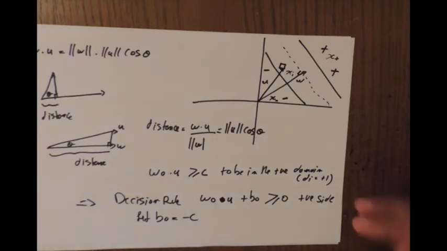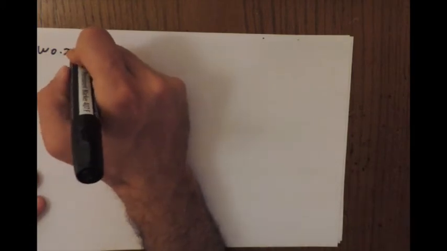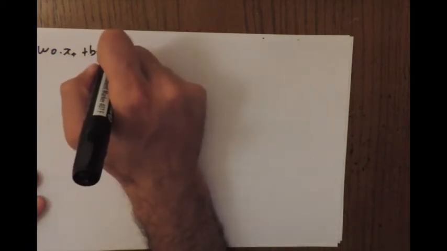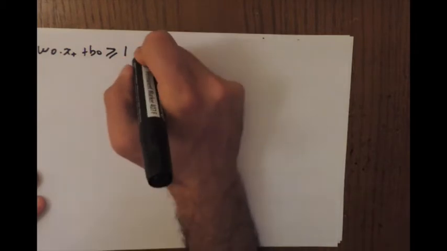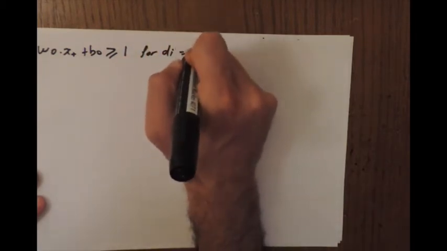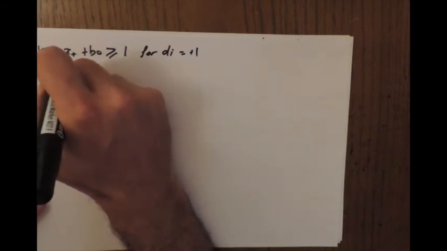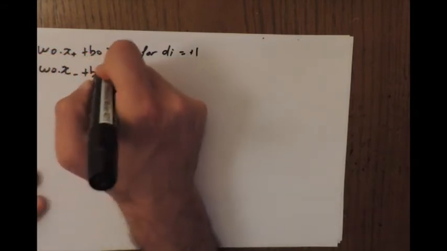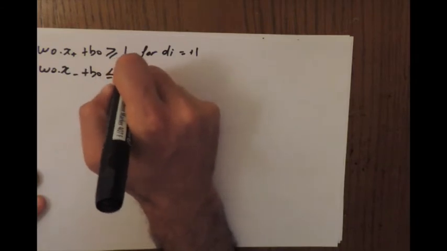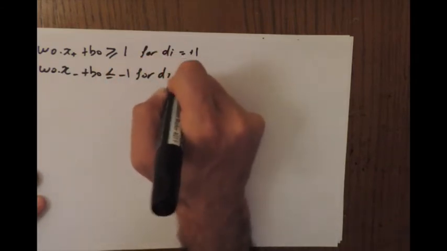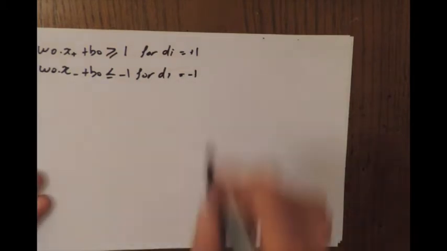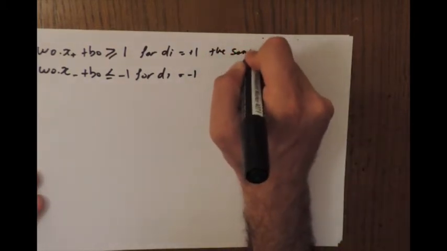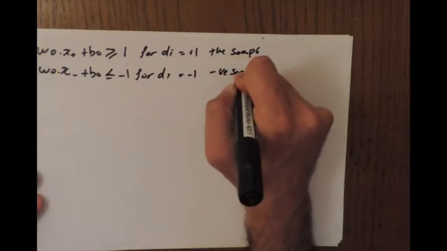If I know the positive samples and negative samples, I can write the optimal weight dot X plus B0 should be greater or equal to 1 for di equal plus 1, and for the X minus case it should be less than or equal to minus 1 for di equal minus 1. This is the positive sample, and here we have the negative sample.